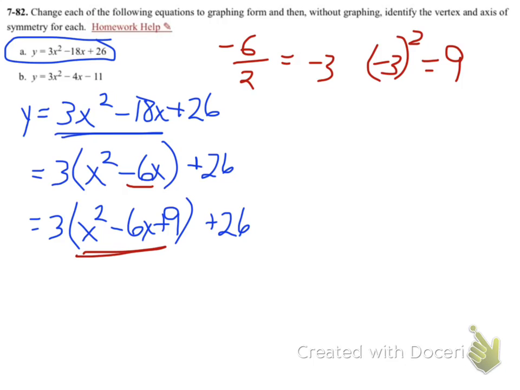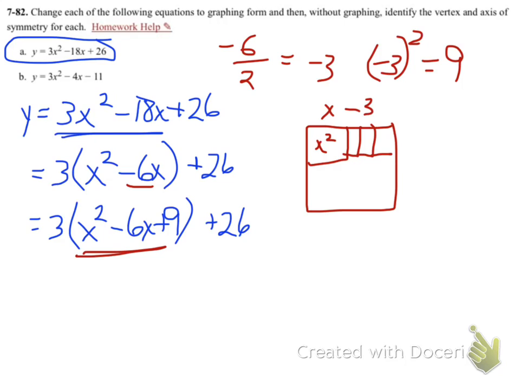This right here is now a square that has an x squared and 1, 2, 3 x's, so it's x minus 3. You have 1, 2, 3, negative 3 x's there, so an x minus 3 on that side, and there's my positive 9.